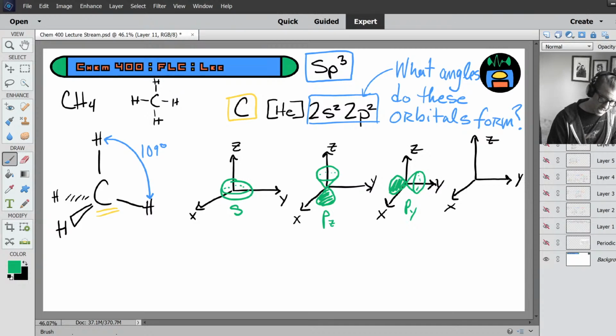And then there's px, which is popping out of the screen at you and then going back behind. So this is px.